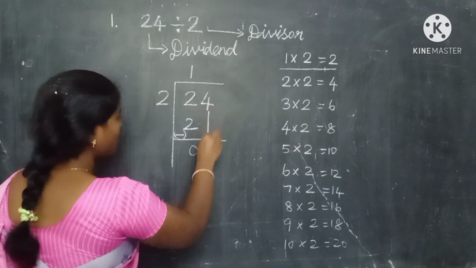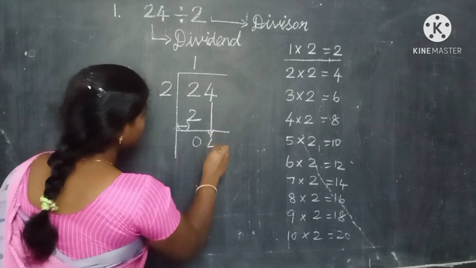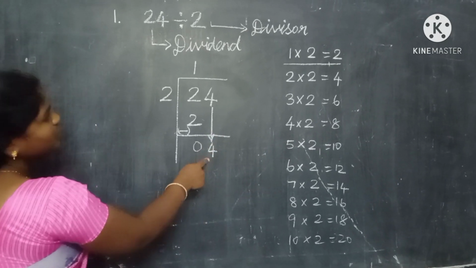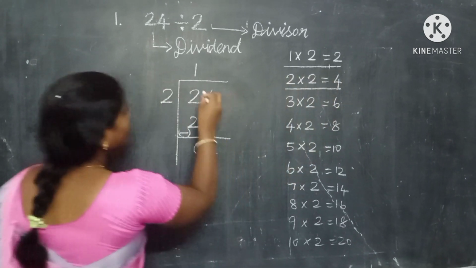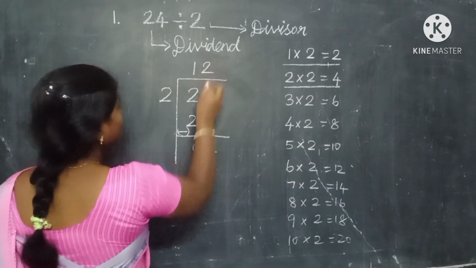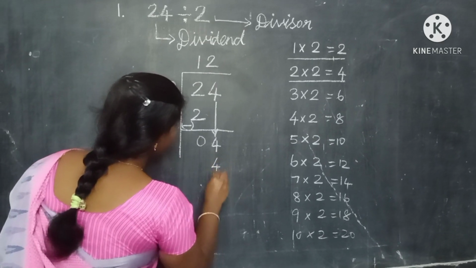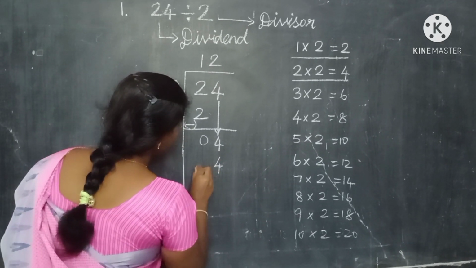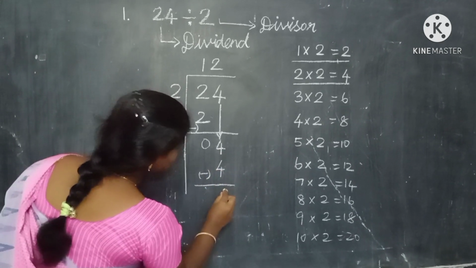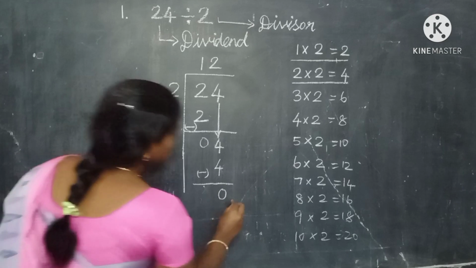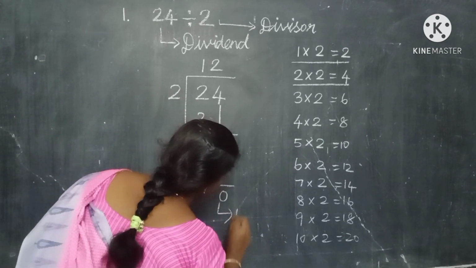Next we write down 4. How many 2s are 4? See the table. 2 2s are 4. Here put 2. Next, here put the subtraction symbol. 4 minus 4, 0. 0 is called the remainder.